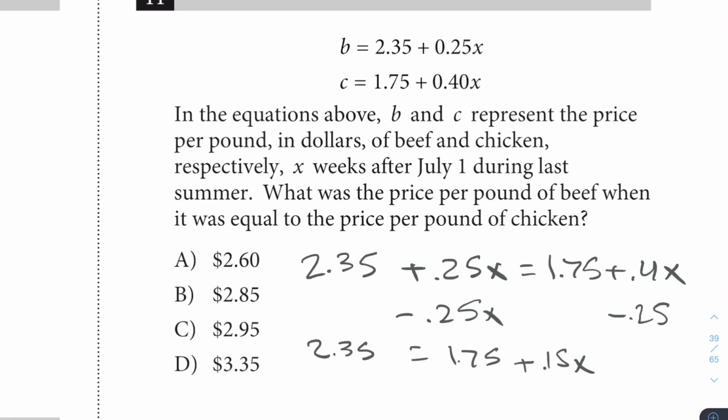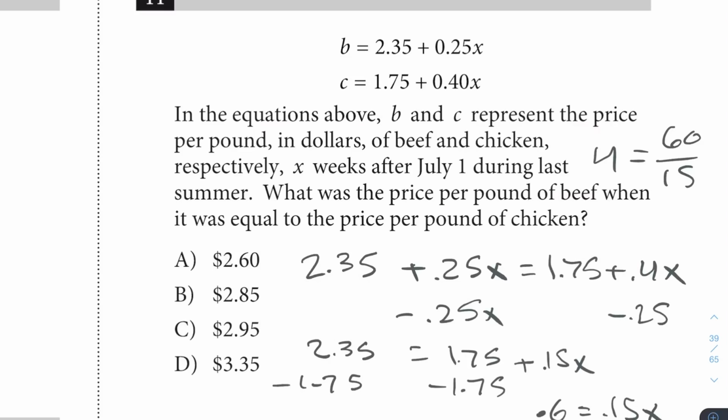Then we can subtract this 1.75, so we'll get 0.6 equals 0.15x. Then we can divide. It's the same as dividing 60 over 15, which gives us 4. So we get x equals 4.